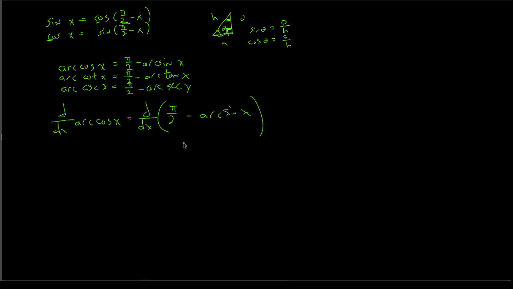And so what we end up having happen here is that this becomes a constant, and I get the negative derivative of arc sine of x, and the derivative of arc sine of x was 1 over the square root of 1 minus x squared. So we get negative 1 over the square root of 1 minus x squared with the same restriction. And this is going to happen for all of our arc functions.